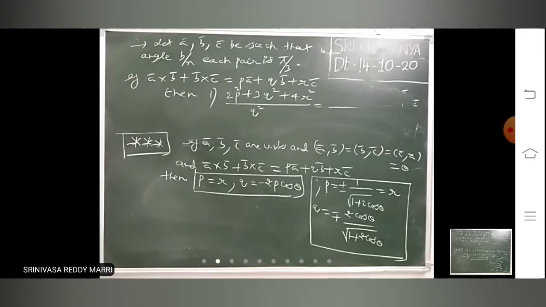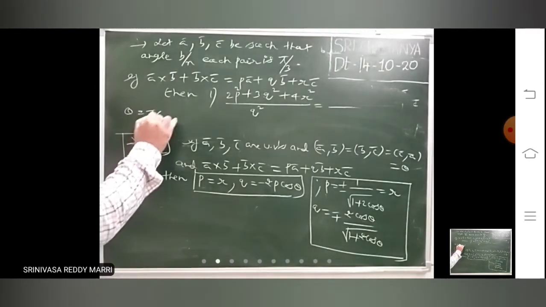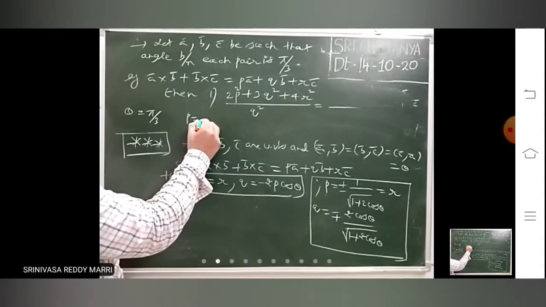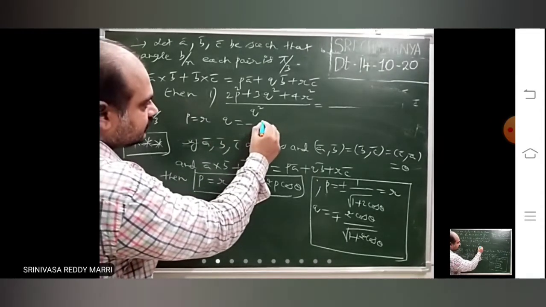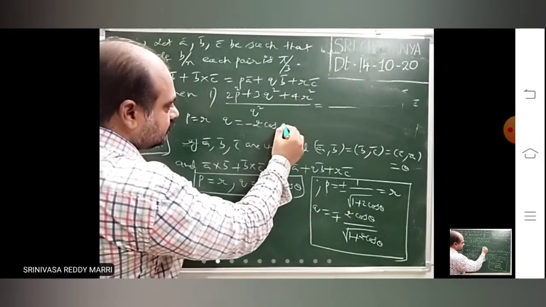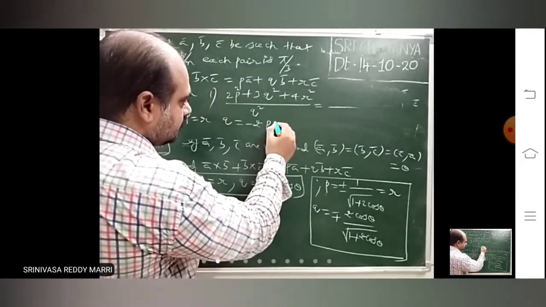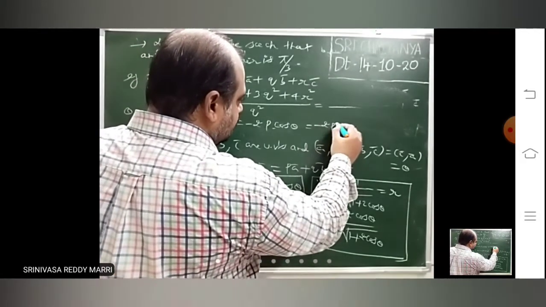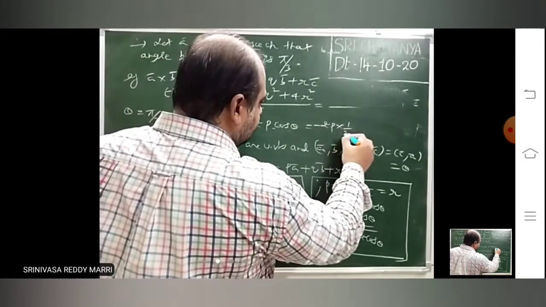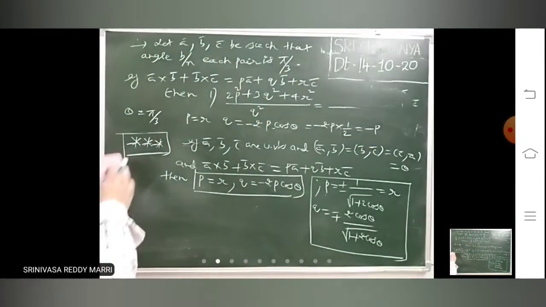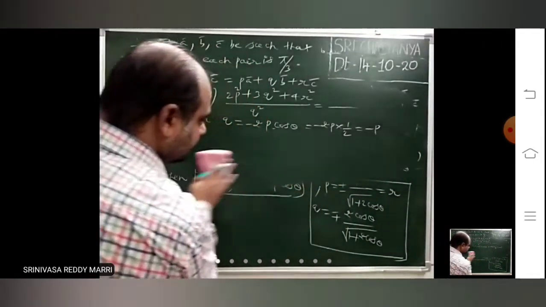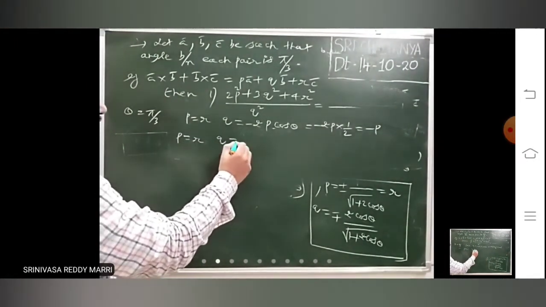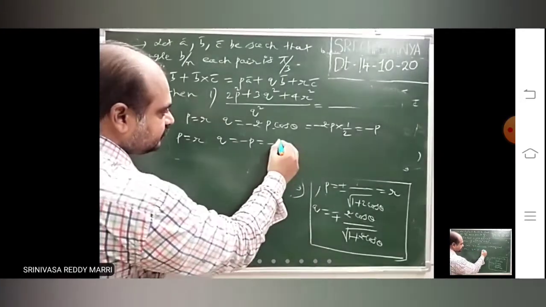Look, now you know the shortcut. Theta equal to pi by 3. Now take these relations. P equal to R, comma, Q equal to minus 2P into cos 60, minus P. Now you got P equal to R, Q equal to minus P. That means Q equal to what?